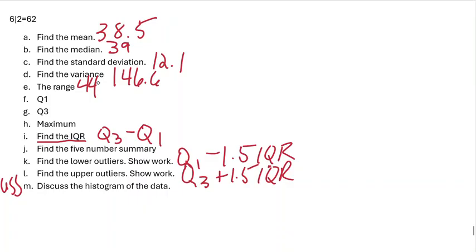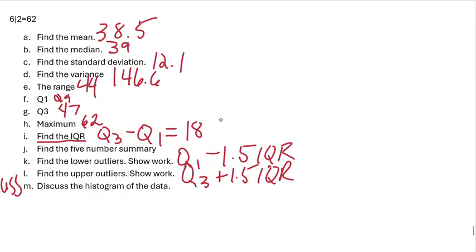The Q1 number from the calculator, when we scroll down, is that Q1 is 29 and Q3 is 47. The maximum is 62. The IQR is Q3, 47, minus Q1, which is 29, and that comes out to be 18.